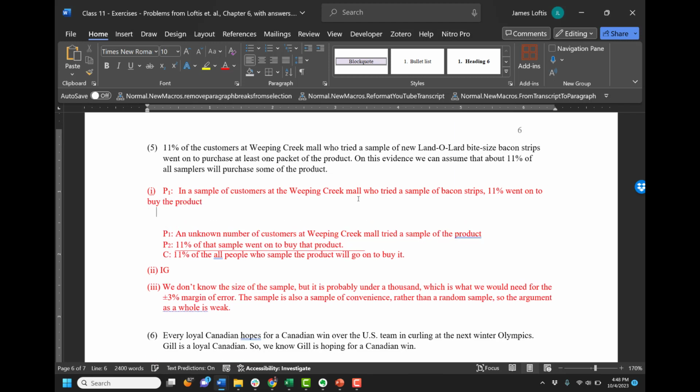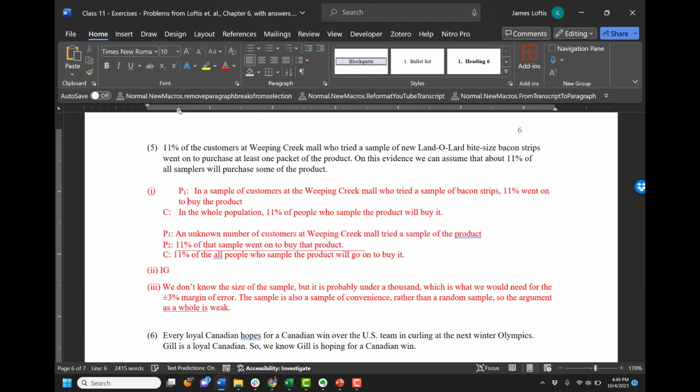And then we can say for the conclusion, in the whole population, 11% of people who sample the product will buy it. So you can see that this is an inductive generalization because you're moving from a sample to a population, right?